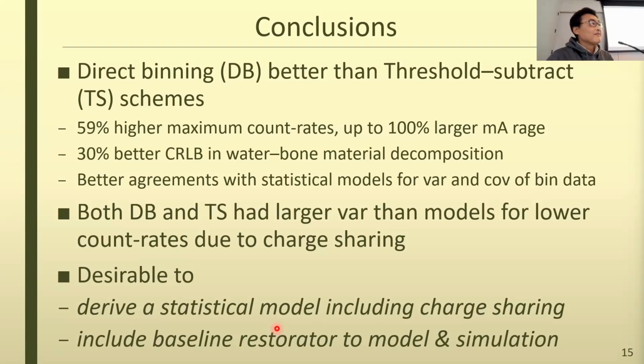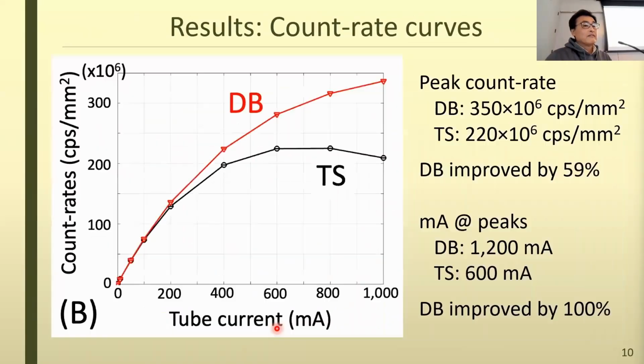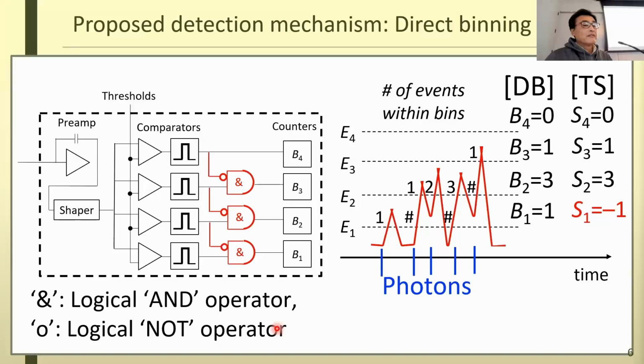Thanks for the interesting talk, Ken. Is this DB scheme enough to remove the negative count problem altogether? I would have expected that you would need some logic that takes all the bins into account to assign the right bin to each event.